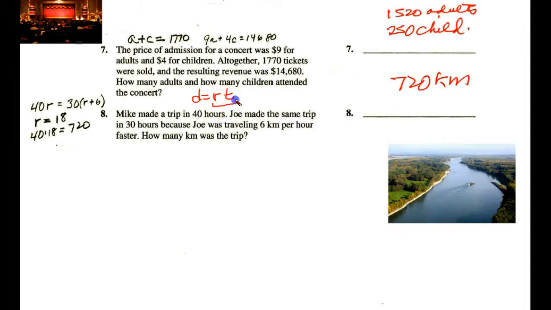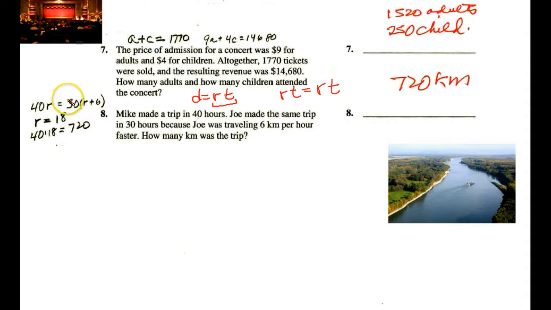So in a sense, we're going to have rate times time equals rate times time. So our first rate is 40 hours times an unknown rate.